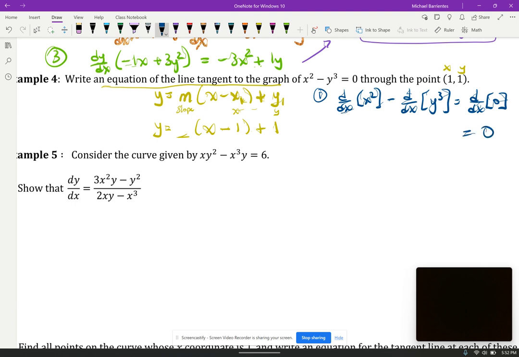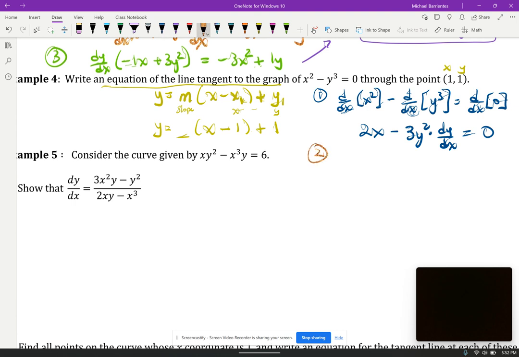The derivative of x squared, 2x, minus the derivative of y cubed with respect to x means I have to do 3y squared times dy dx. And I've now implicitly differentiated my equation. I go to step 2.